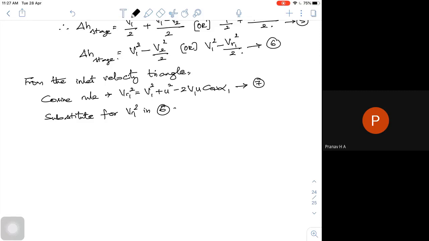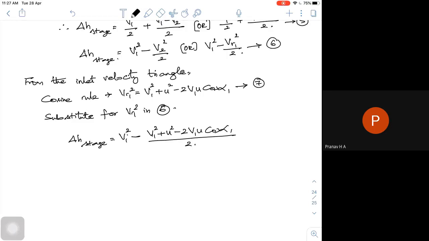Your delta H per stage is equal to V1 square minus, if I substitute everything, V1 square plus U square minus 2 V1 U cos alpha 1, the whole thing divided by 2. This is my VR1 square.